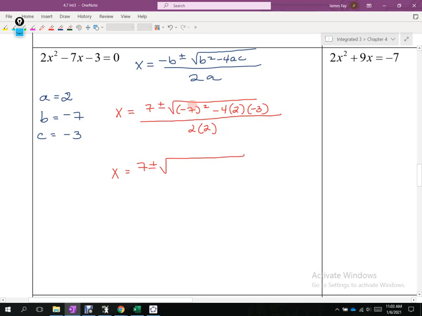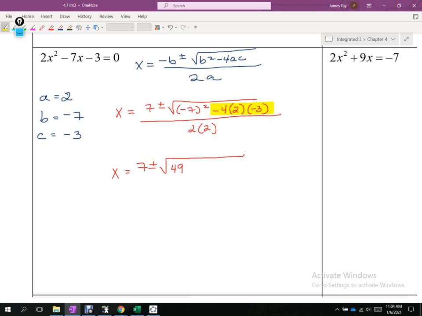So now, what is -7 squared? 49. Okay. So now, the next thing you're going to do is look at these things. Okay, so I've got, and I'm going to multiply those together. So ultimately, it's -4 times 2. What's -4 times 2? -8.